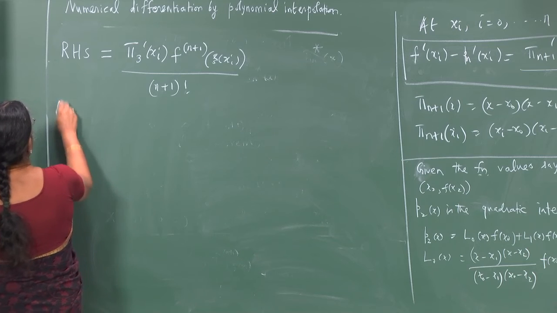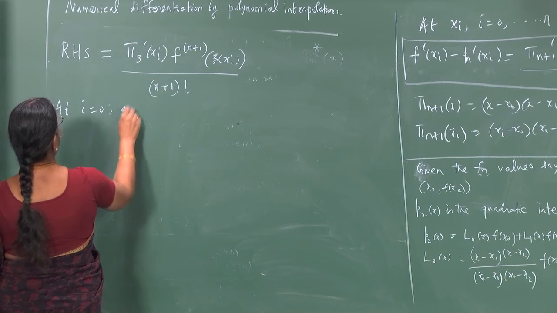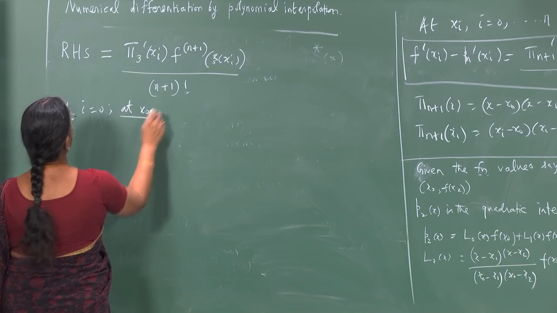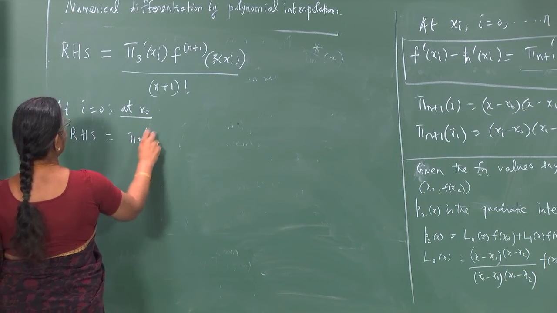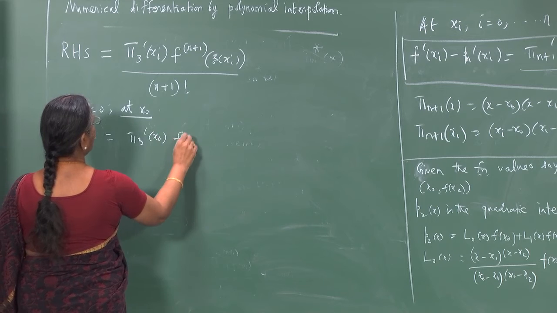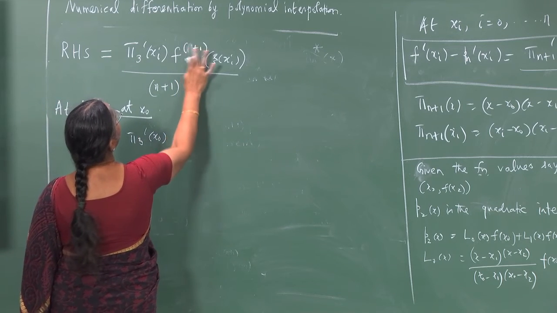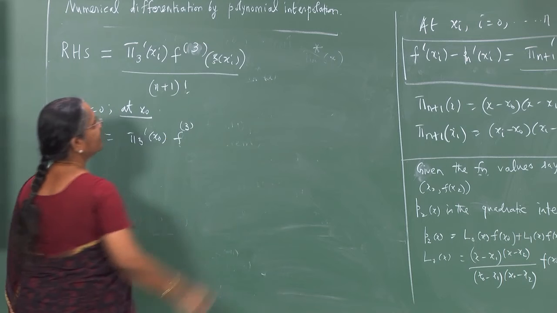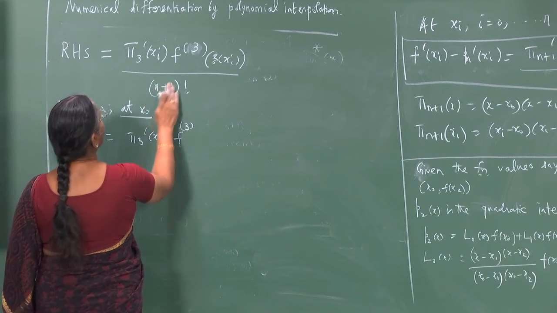So, let us evaluate at i is equal to 0, namely at x0. The right hand side will be pi 3 dashed at x0 into the third derivative.